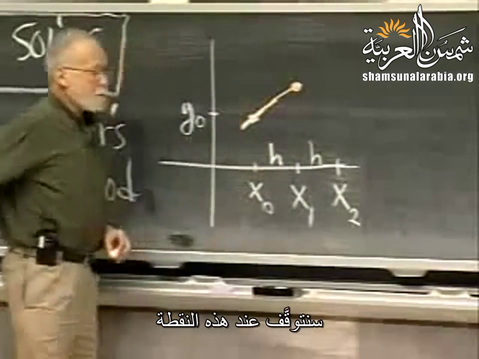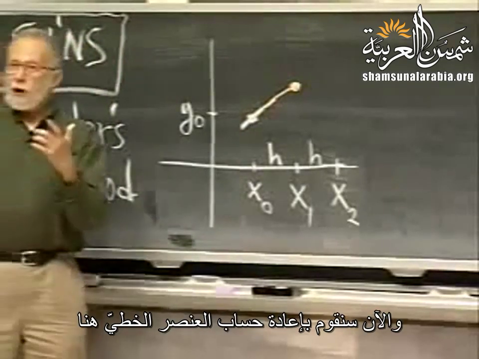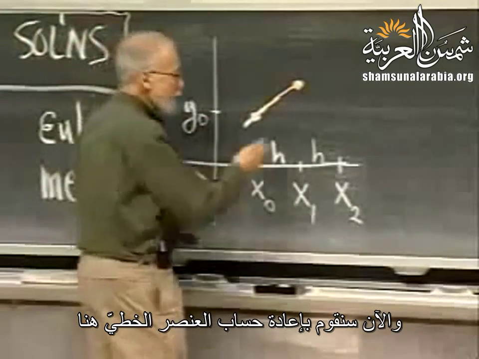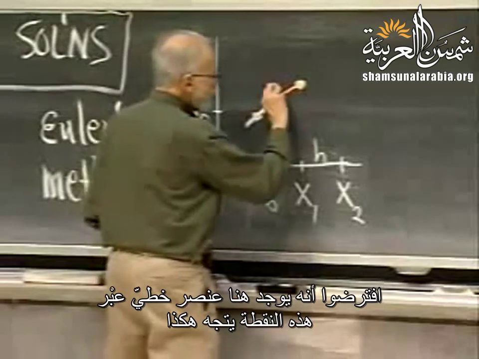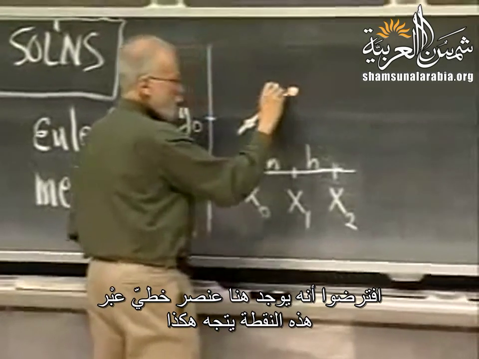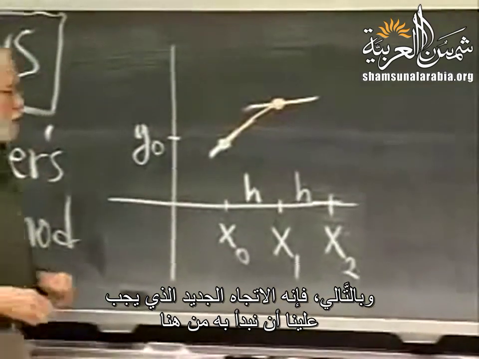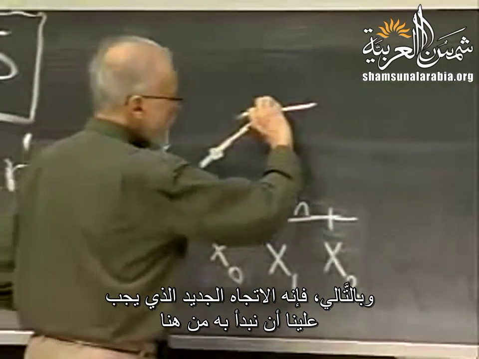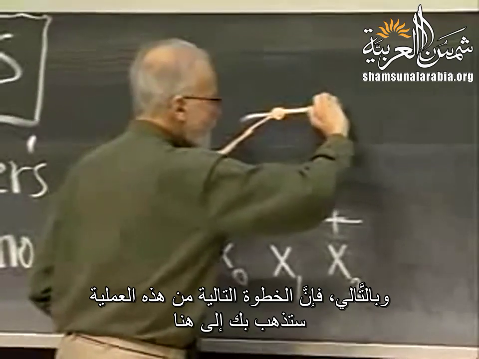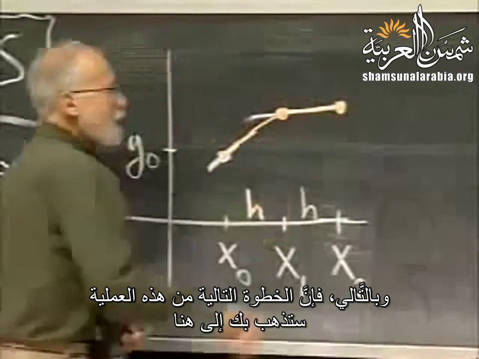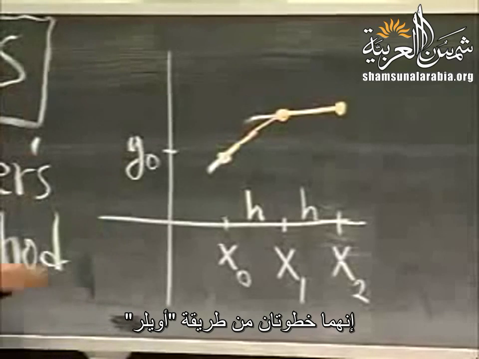We stop at that point. And now you recalculate what the line element is here. Suppose the line element through this point goes like that. Well, then that's the new direction that you should start out with, going from here. And so the next step of the process will carry you to here. That's 2 steps of Euler's method.